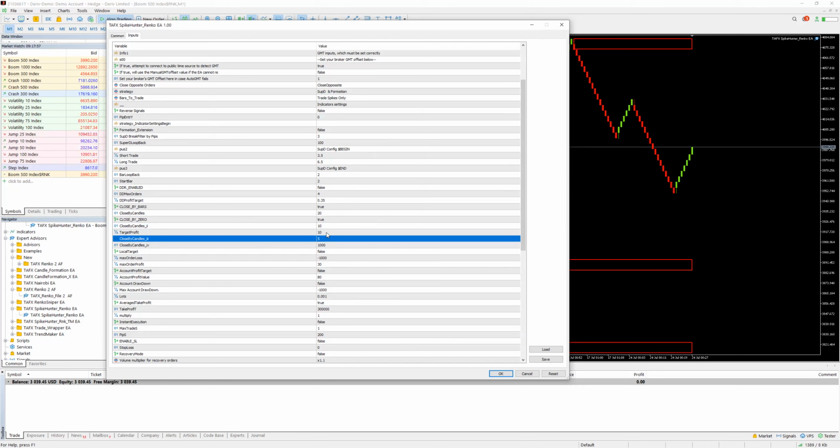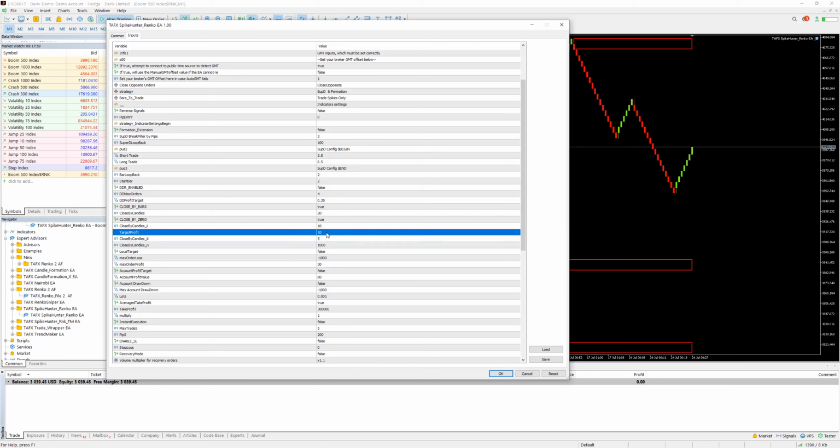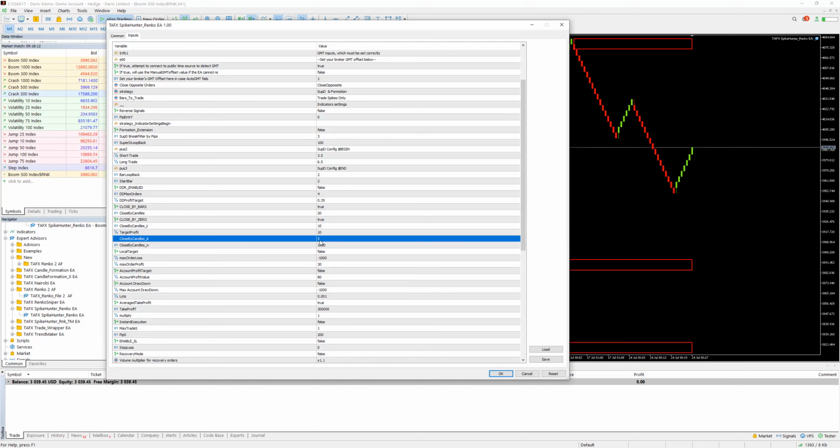So let's say you want to milk the market, and you're in a $10 profit, and maybe the market continues dropping without another spike. If it goes like 5 candles, you would like the EA to close and take the remaining profit. As long as it reaches 10, and it goes 5 candles against without any spike, the EA will take the profit automatically.